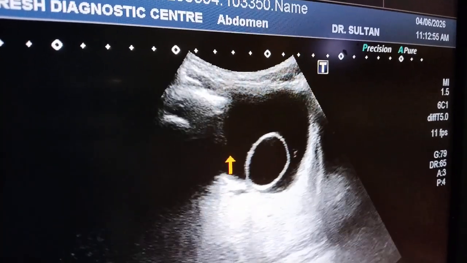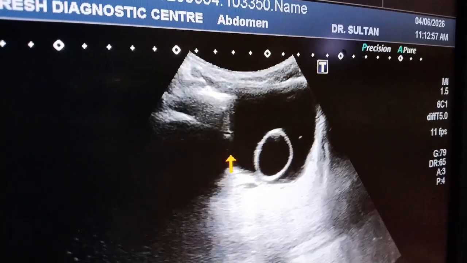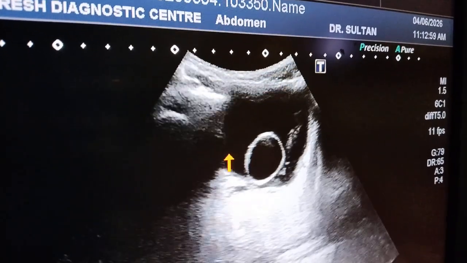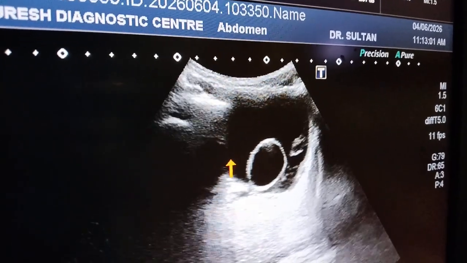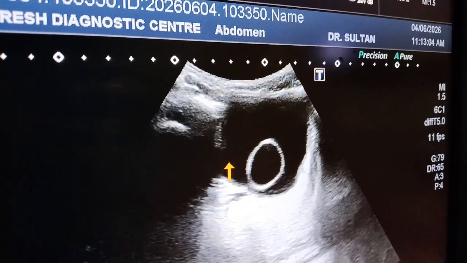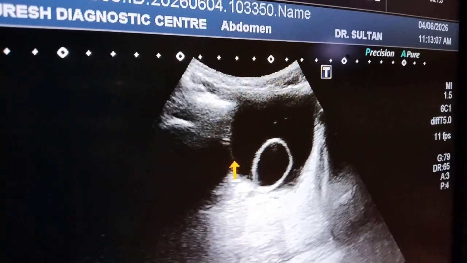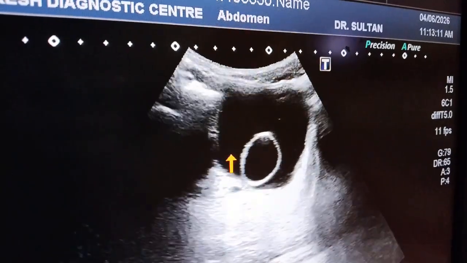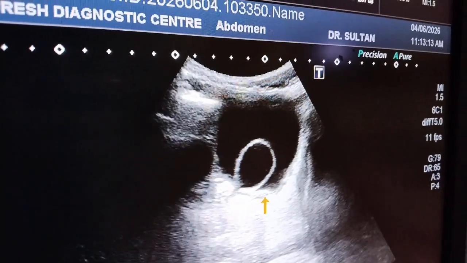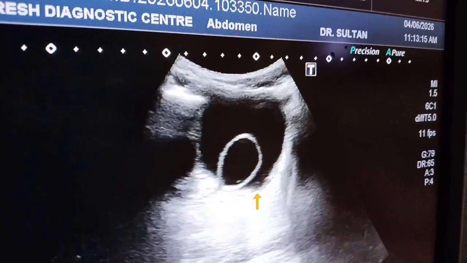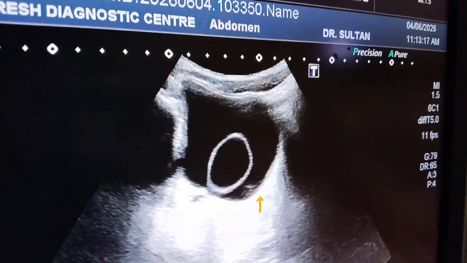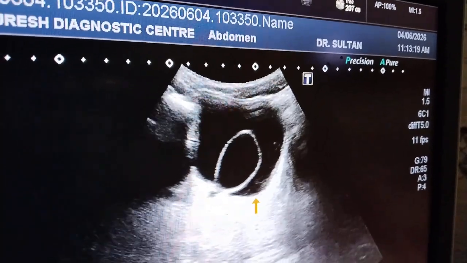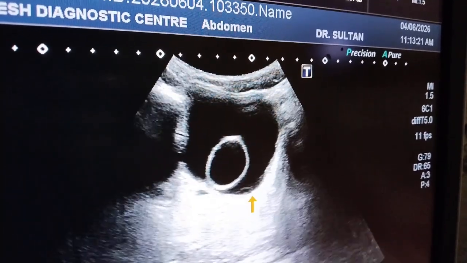Whenever we talk about the ureterocele, we should mention whether it is intravesical or extravesical or ectopic. We should mention it in the report also. So this was all about the right-sided ureterocele.